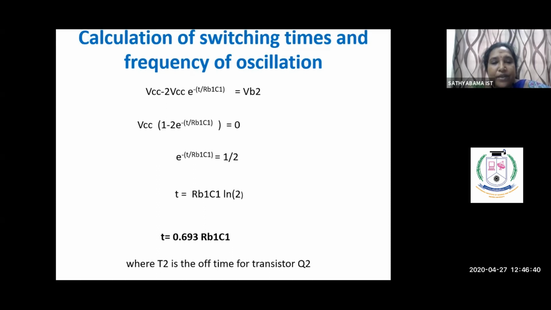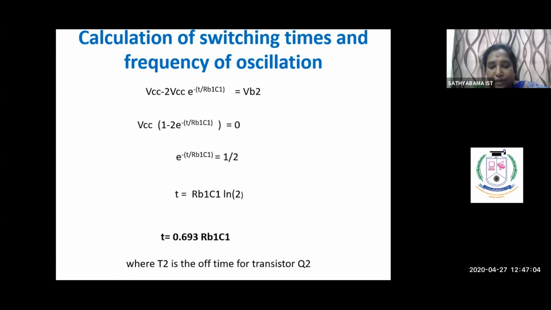That's why it is given here as T equal to RB1 into C1 natural logarithm of 2. Got it? The value of the natural logarithm of 2 gives T equal to 0.693 RB1 C1.